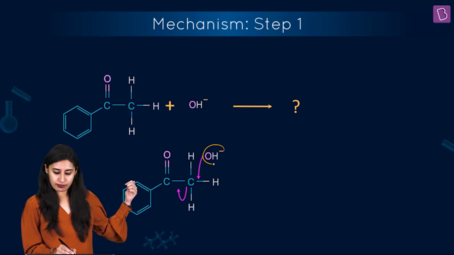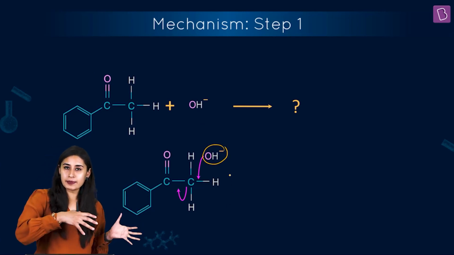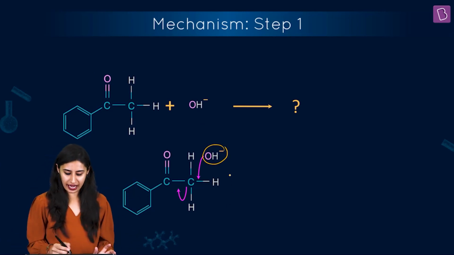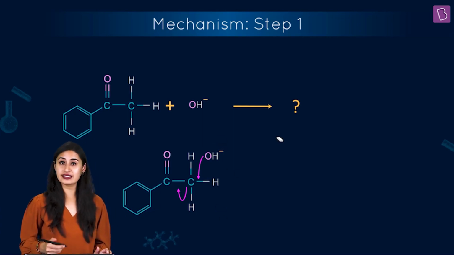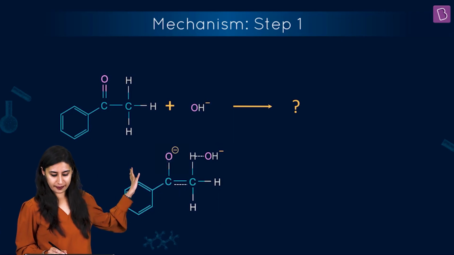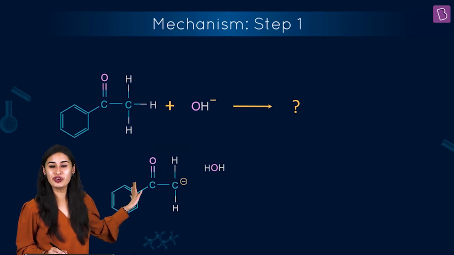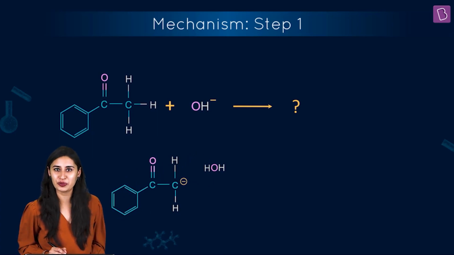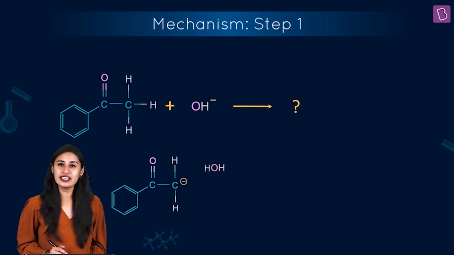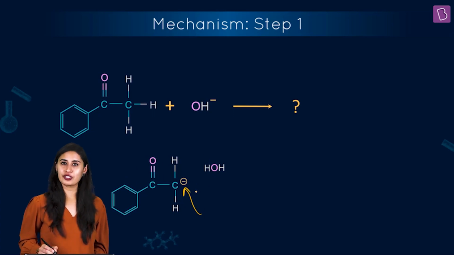We have OH minus which can abstract the acidic hydrogen, so what we get here is, please check, this is what we get. A nucleophile is ready in front of you.